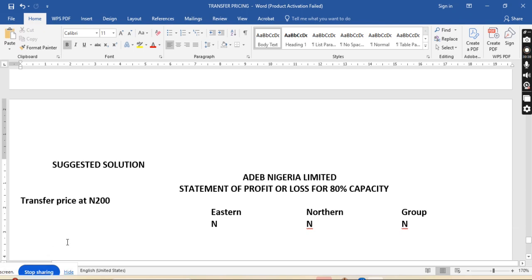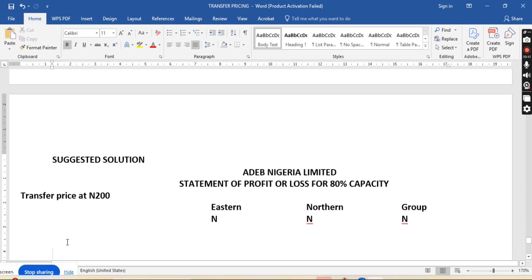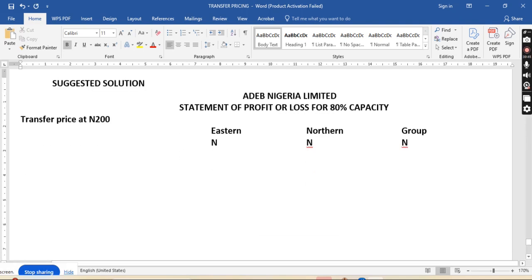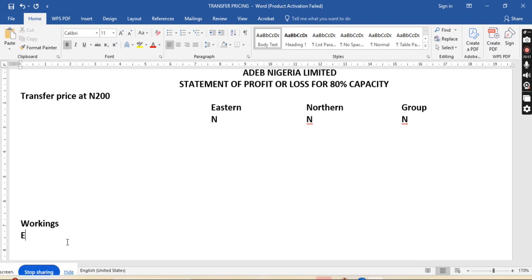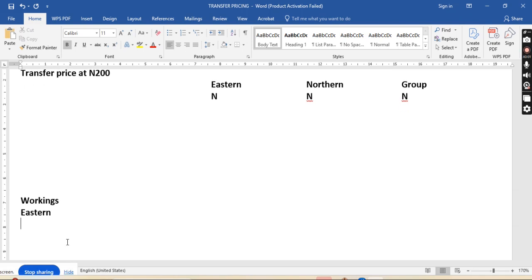Now let's analyze this 80% capacity. I'll need to do some workings here. Let me start from the Eastern, right? Now, don't forget, they have the capacity.